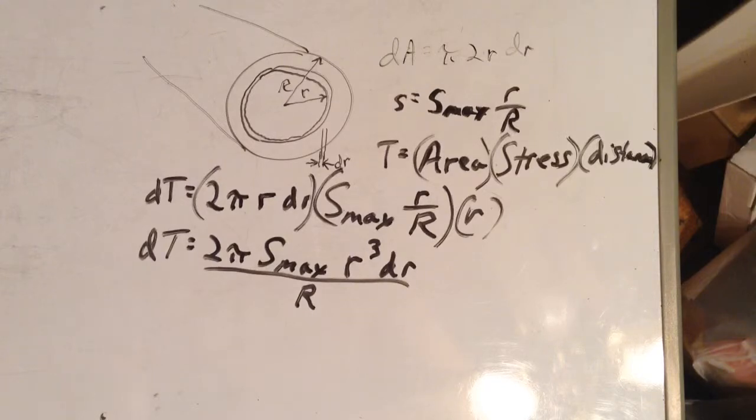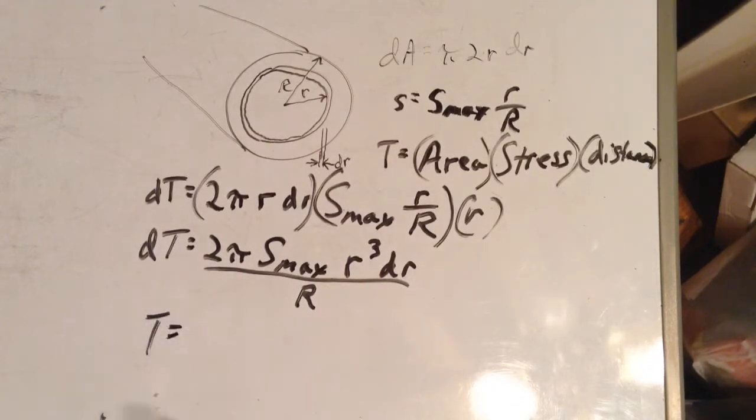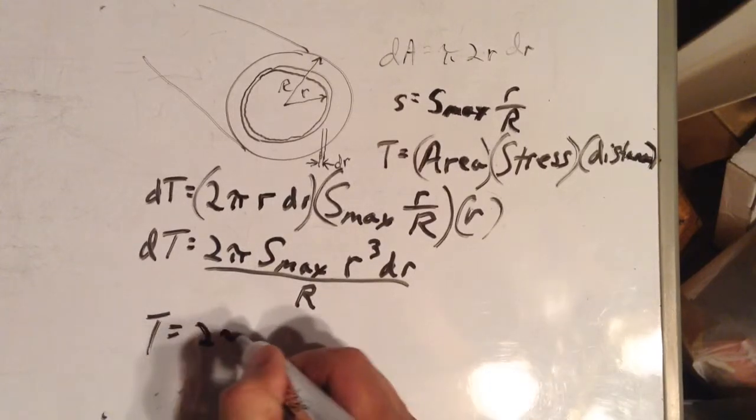Now let's integrate both sides of this equation, with our limits of integration being r equals 0 and r equals capital R. Well, the integral of dt is t. Okay, the 2 pi S max over R just carries right on along.